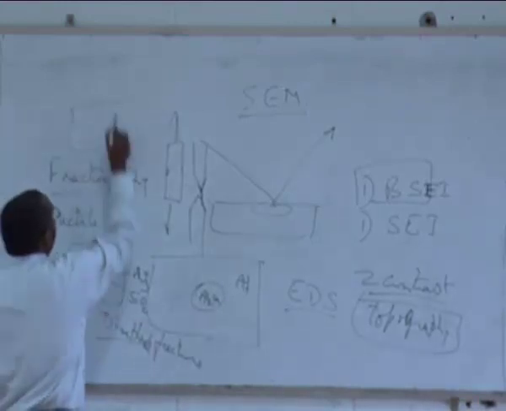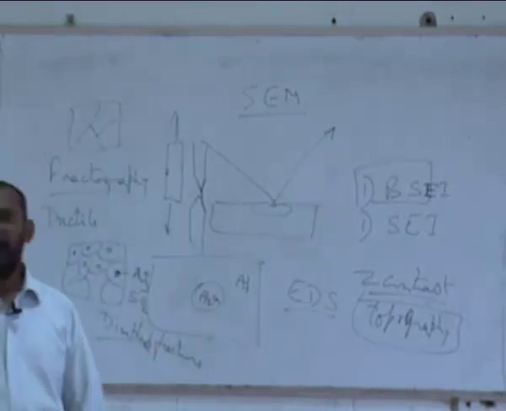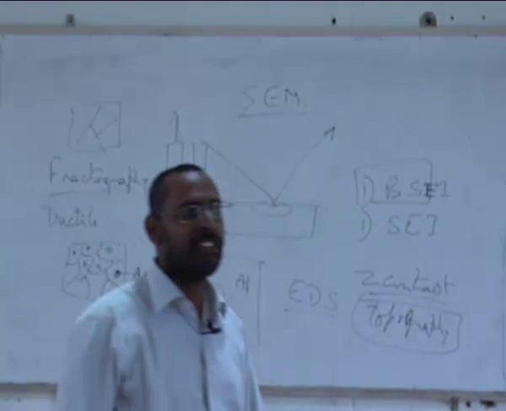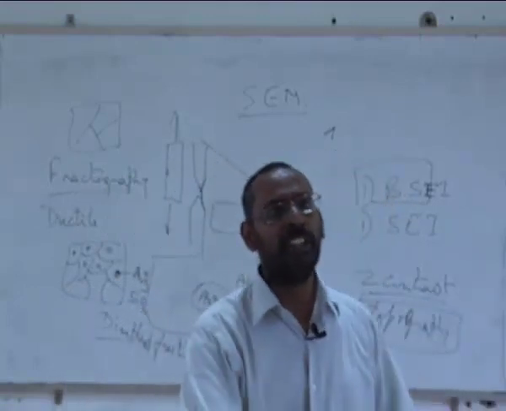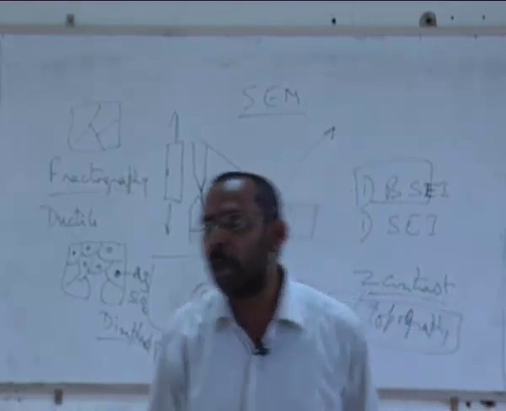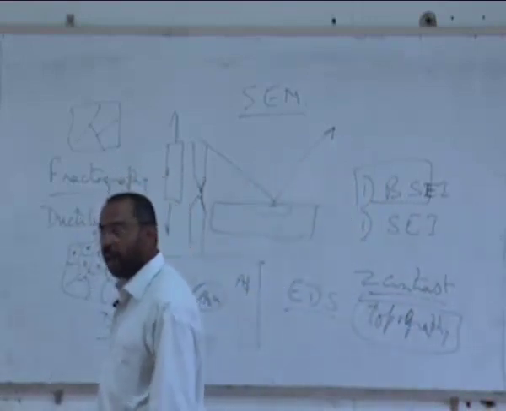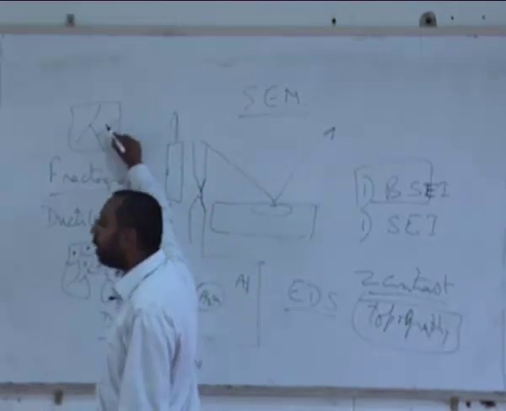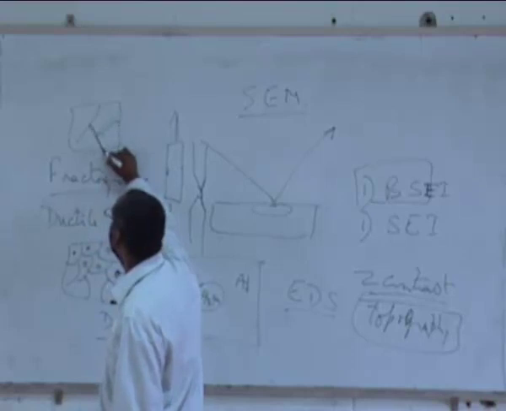Sometimes you may have a material, let's say stainless steel, with the grains like this, and the stainless steel has some carbon in it. What happens? The chromium inside the stainless steel reacts with that carbon and forms a carbide, and as a result, the chromium content near the grain boundaries gets depleted.